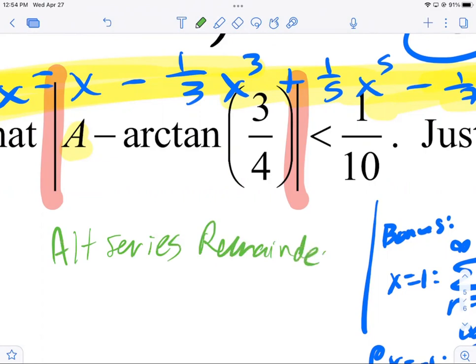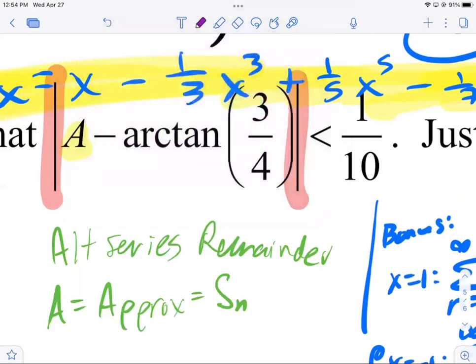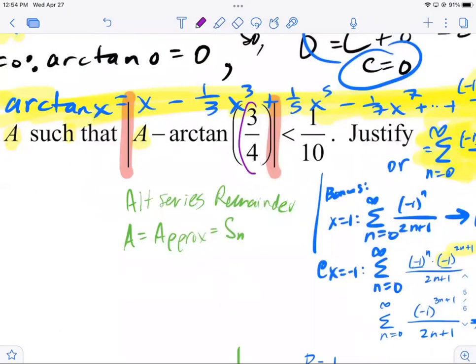A ends up being the approximation of the sum, which we called S sub n. I need to find the sum so that when I take the approximation of the sum, A, minus the actual value of arctangent at x equals 3/4, it's within 1/10. So the first thing you need to notice is that because it's arctangent of 3/4, x is equal to 3/4.